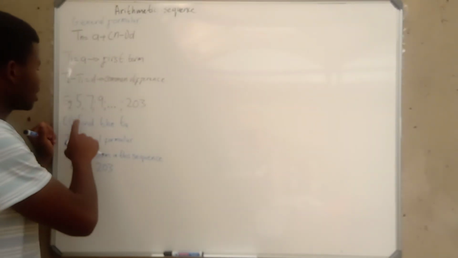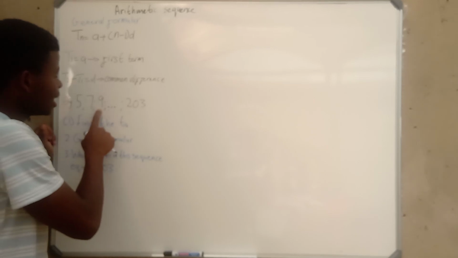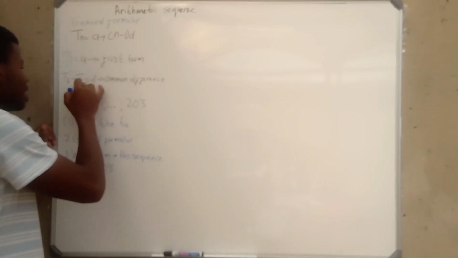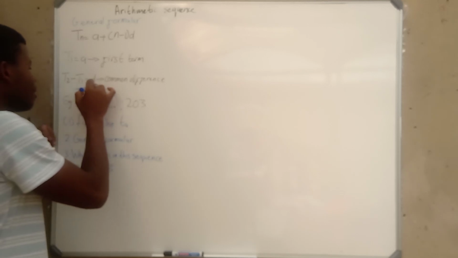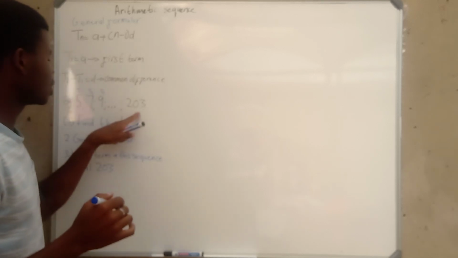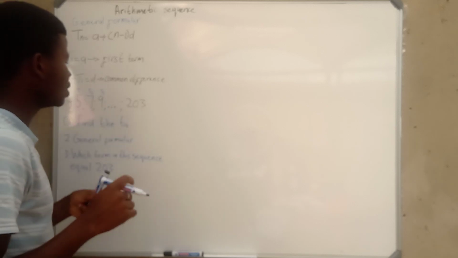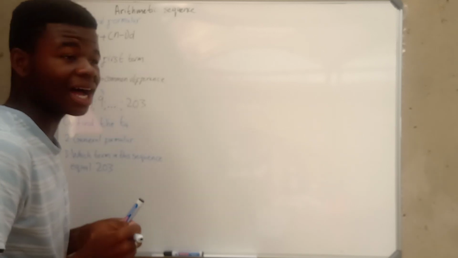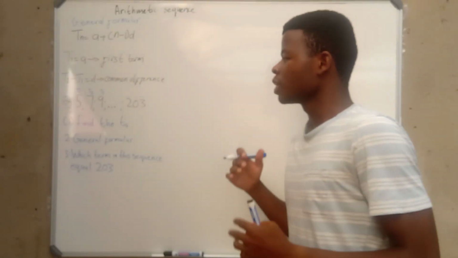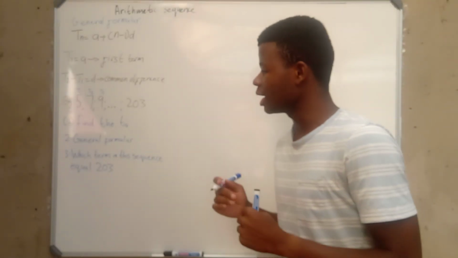It is written: 5, 7, 9, and 203. So 5 is term number 1, 7 is term number 2, and 9 is term number 3. This last one, I don't know which term it belongs to, but if you stick along, you'll see how we find that term.